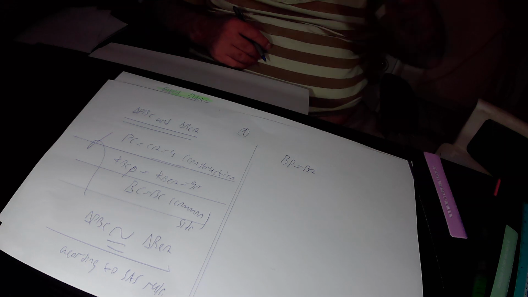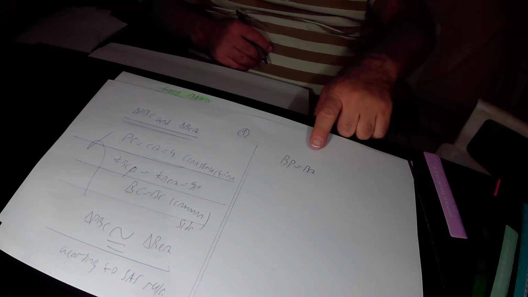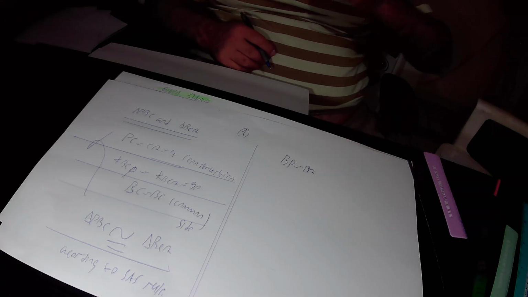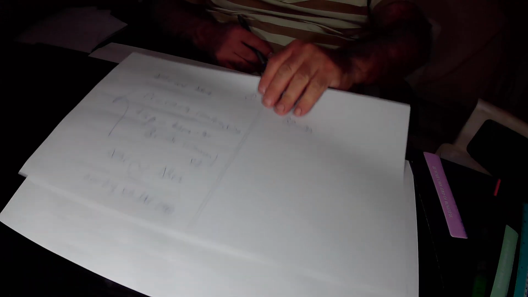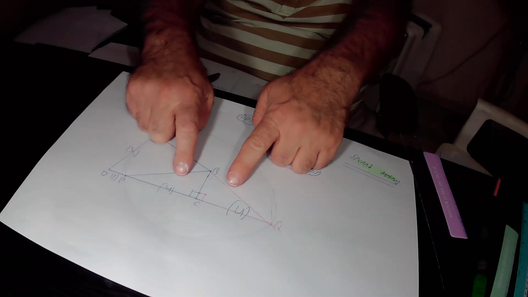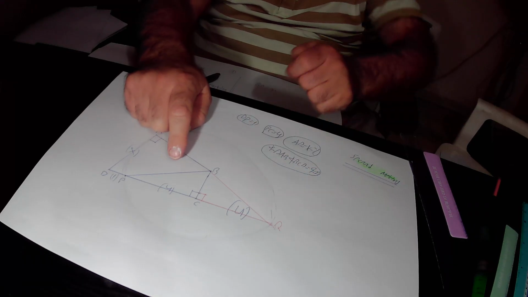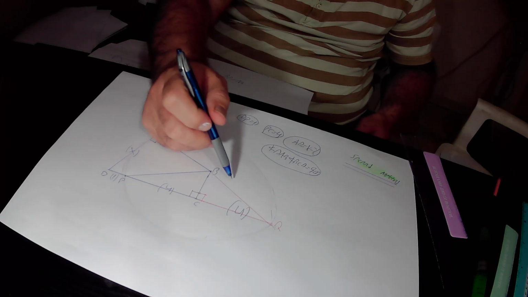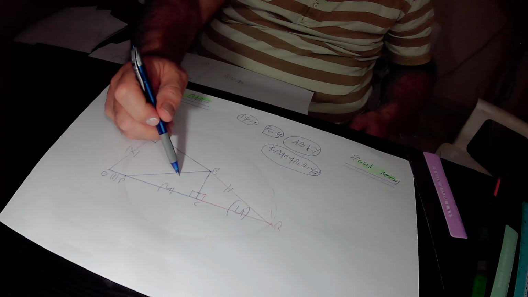Side BP in the right angle PBC equals side BQ in the right angle BCQ, according to the rule that corresponding sides in congruent triangles are equal to each other. Those two triangles are congruent to each other, and therefore those two corresponding sides must also be equal in their lengths. So side BQ equals side BP.